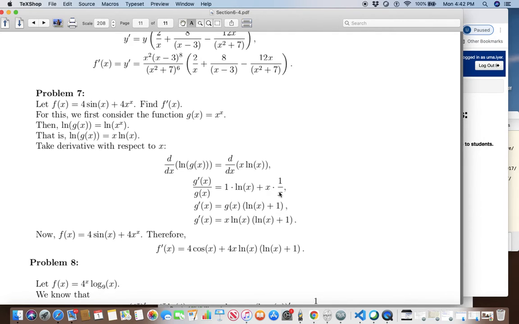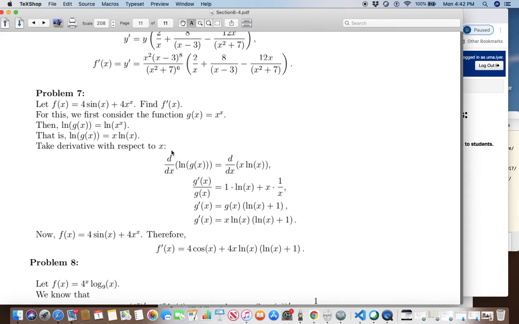They cancel. You have 1 there, natural log here. To find the derivative, multiply by g(x): g(x) times natural log x plus 1. What was g(x)? g(x) was x to the x, so it is not x natural log x, it is x raised to x.